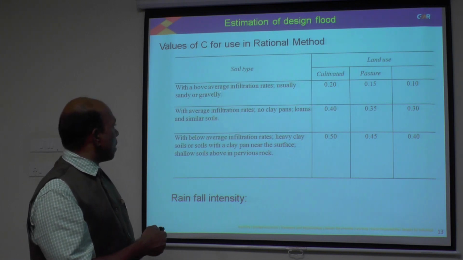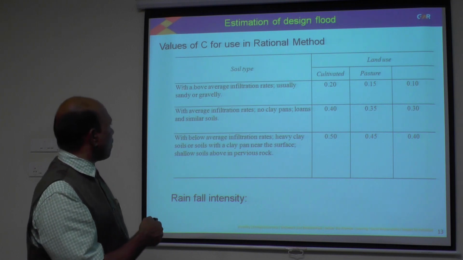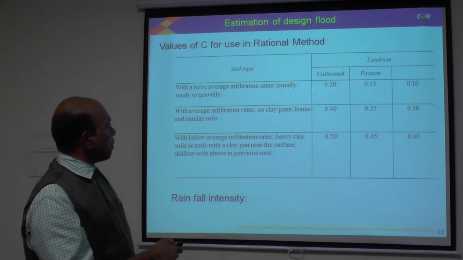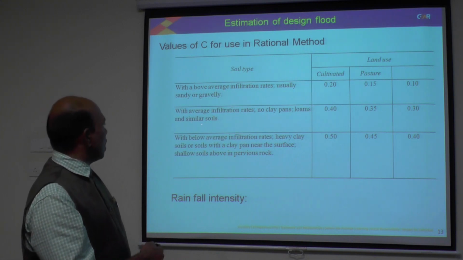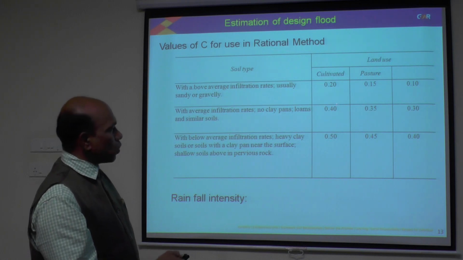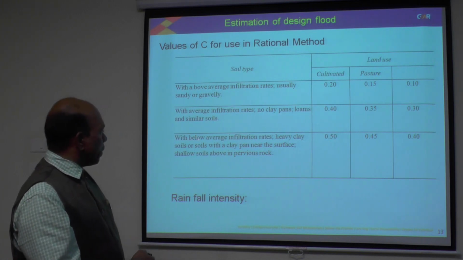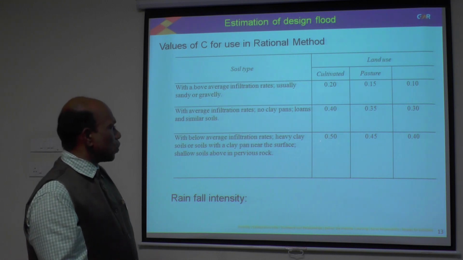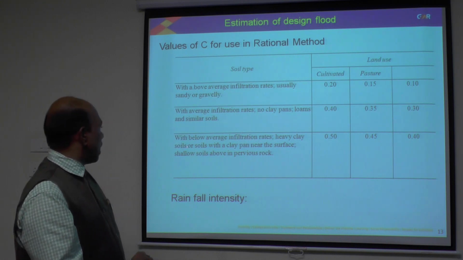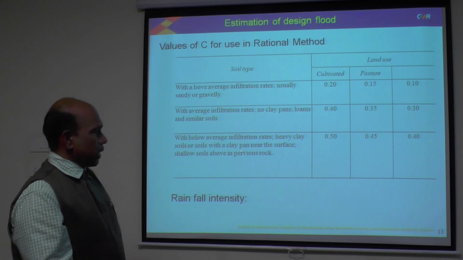Average permeable areas, that means loam and similar soils, the C value is equal to 0.4, and below average infiltration, that are heavy clays and soils, the C value is 0.5.